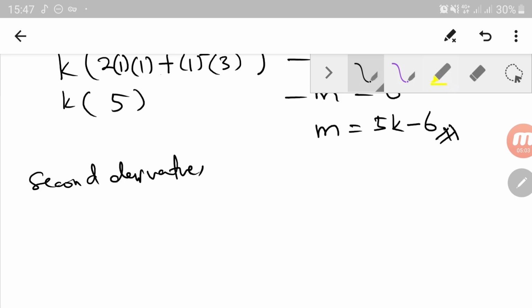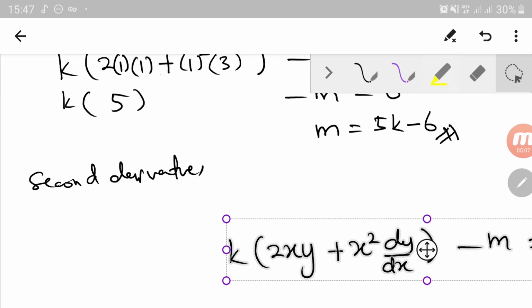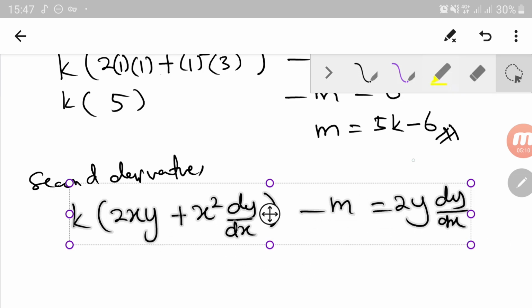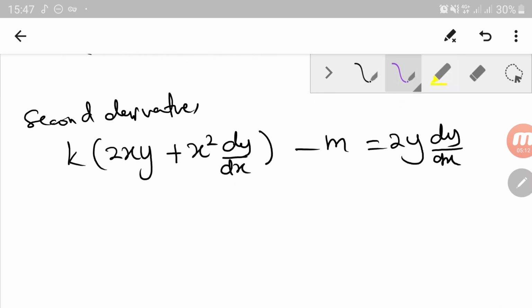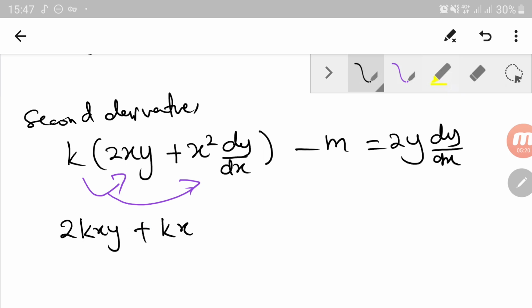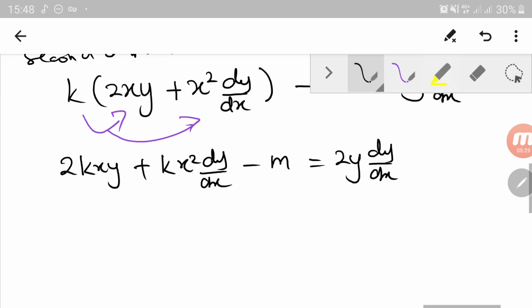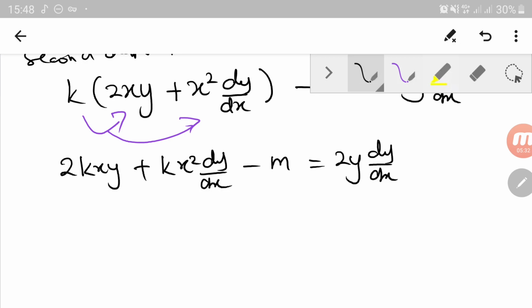We have to expand the k first. So we have 2kxy plus kx squared dy/dx minus m equals 2y dy/dx. Now we can differentiate term by term easily.